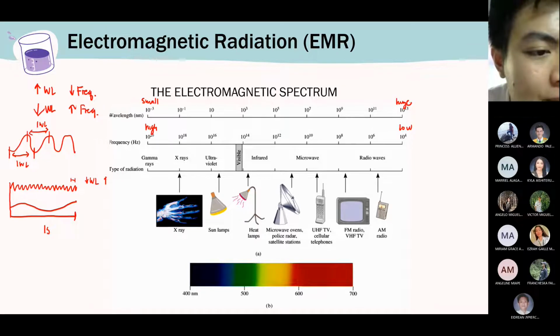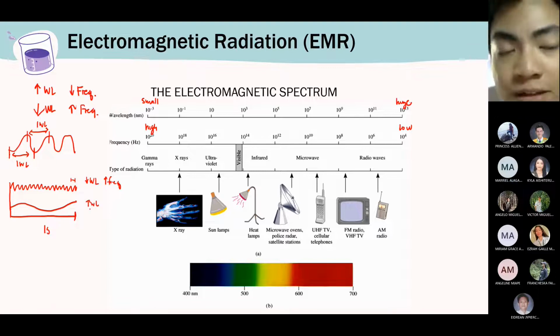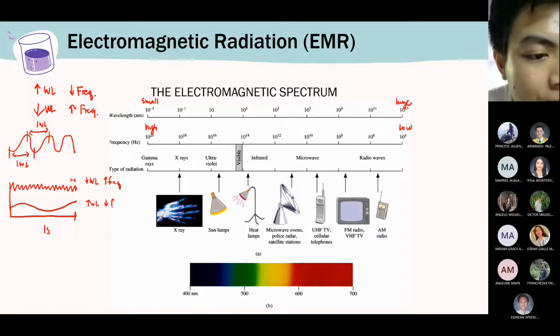While down here, its wavelength is very large. For example, the wavelength is from here to there, so its wavelength is longer. But in terms of frequency, the number of cycles per second, it's very low.